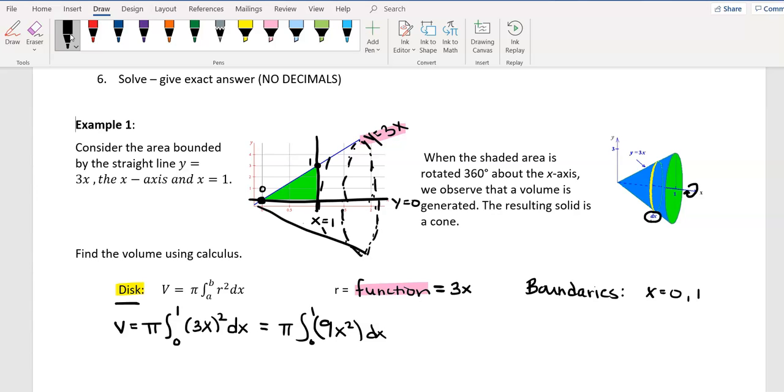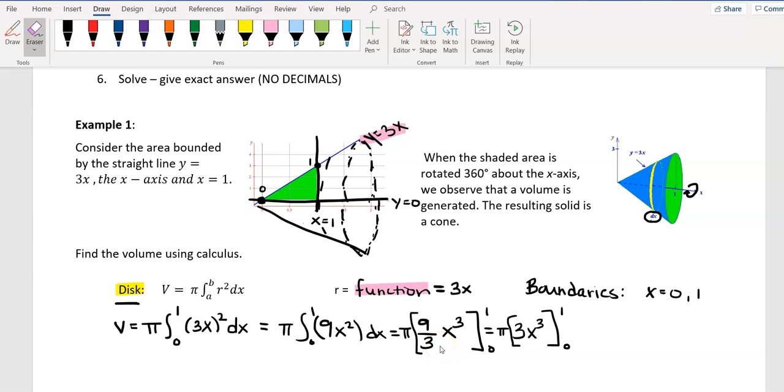And then that is relatively simple to take the integral of. You're going to add to your exponent and divide by the new exponent. So as you can see, that's what I did. My new exponent became 3. I divided by that new exponent, so 9 divided by 3 simplifies to 3. Don't forget to bring your pi, that constant pi that was in front of the integral. Don't forget to bring that along.